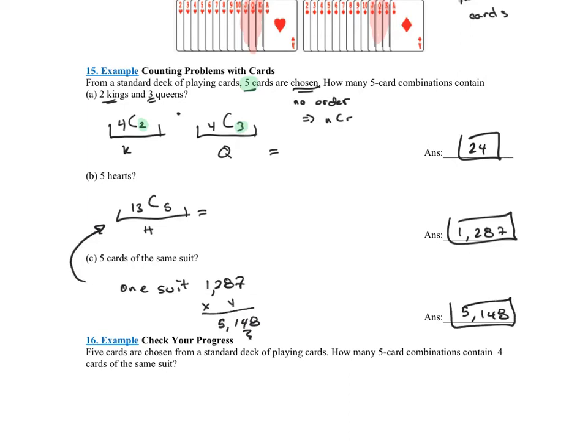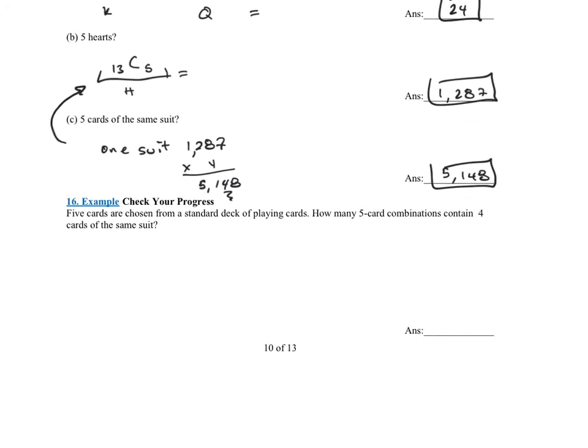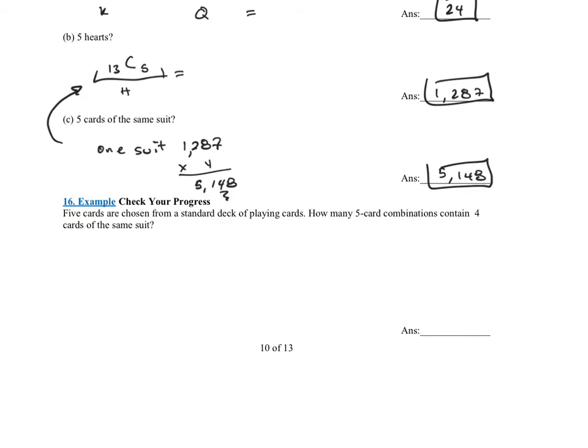All right. So let's look at the next problem, see if we can answer it. It says 5 cards are chosen from a standard deck of playing cards. How many 5-card combinations contain 4 cards of the same suit? So this one's a little more difficult. Here we need them of the same suit. And then, let's think about it.